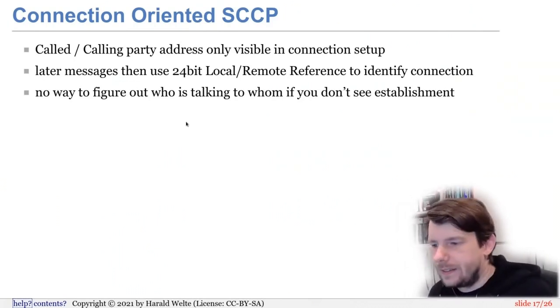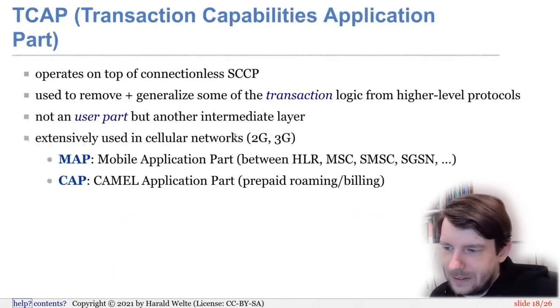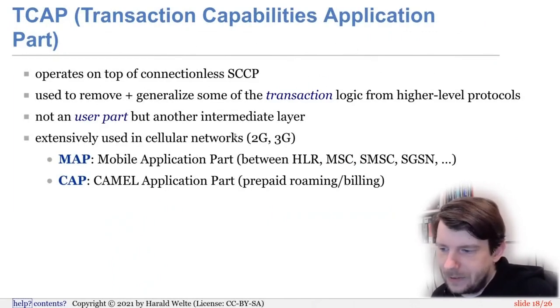And as I said, the connection-oriented is really quite special and not really used. For example, TCAP runs on the connectionless SCCP. So for all of the MAP, CAP and so on, you never have the connection-oriented SCCP in there.